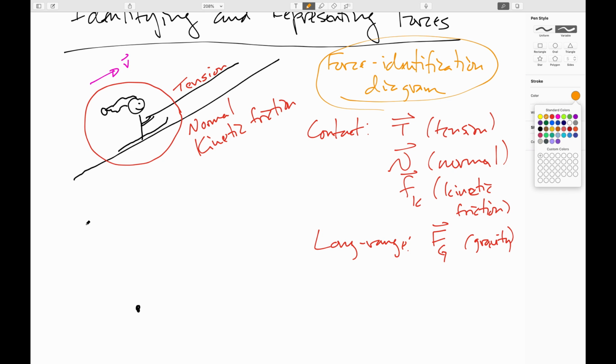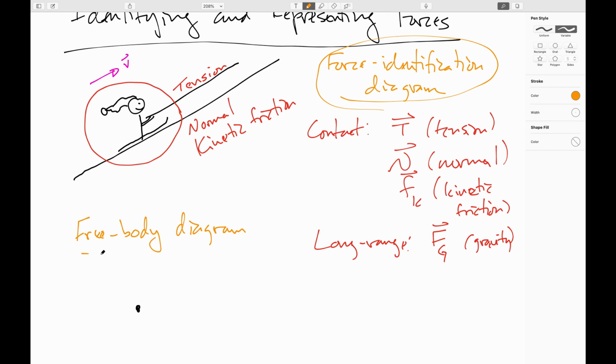I've already alluded to this earlier, but it's worth doing again here. In a much more advanced, advanced undergraduate treatment, you can show that if an object is rigid, you can completely describe its motion as the translation of its center of mass combined with the rotation of the object about its center of mass.